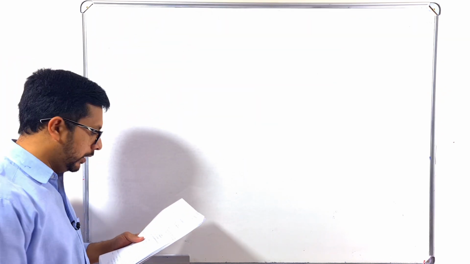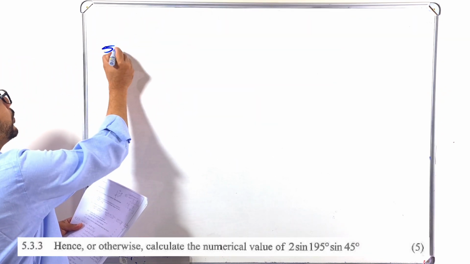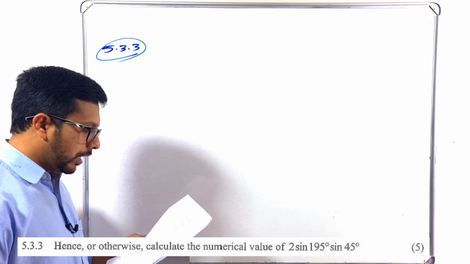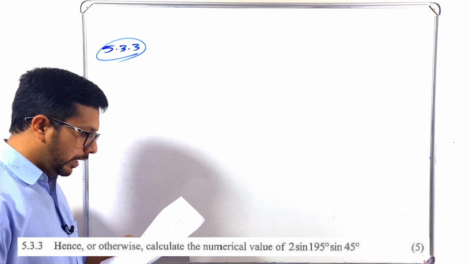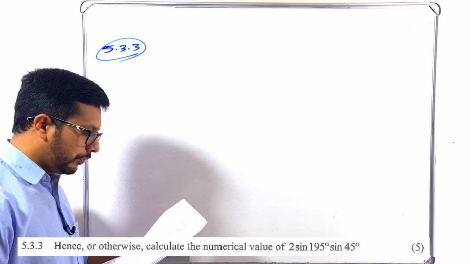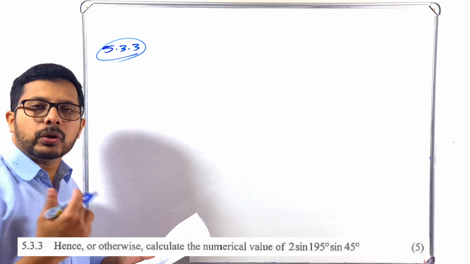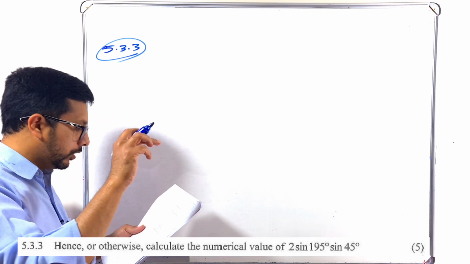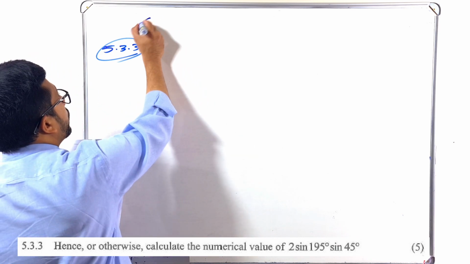Question number 5.3.3. What is that question? Hence or otherwise calculate the numerical value of 2 sin 195 sin 45. Hence or otherwise, so it means that we are allowed to use the previous question. What did we prove there?